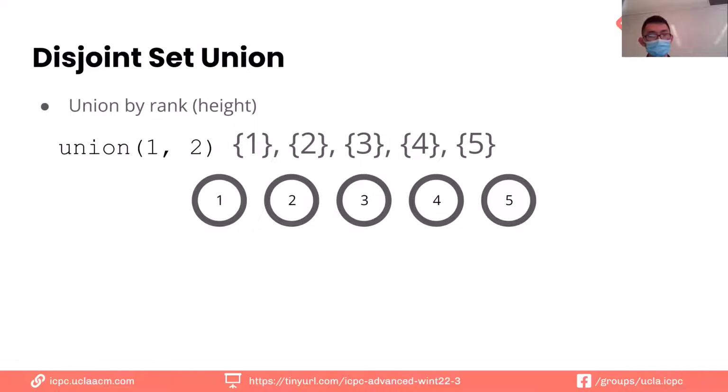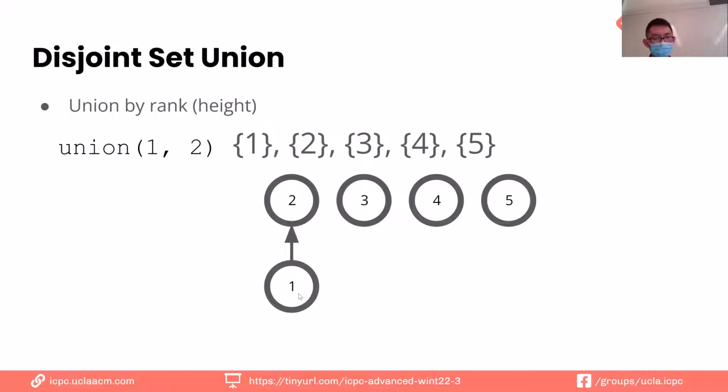So for union 1, 2, we choose an element to be the representative. So here we choose 2. But now note that we put 1 under 2 because we want to draw it as a tree. So we have a notion of rank, which is the height of the tree. So a node by itself has a height of 0, and if it has a node below it, then it's a height of 1.